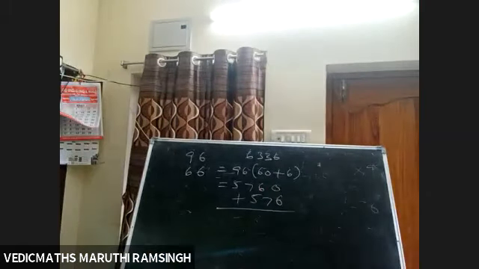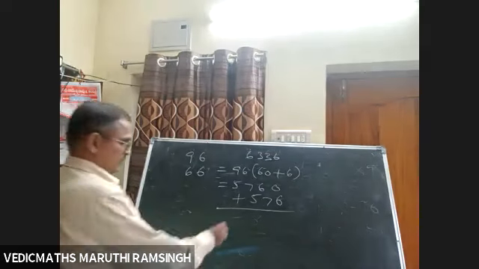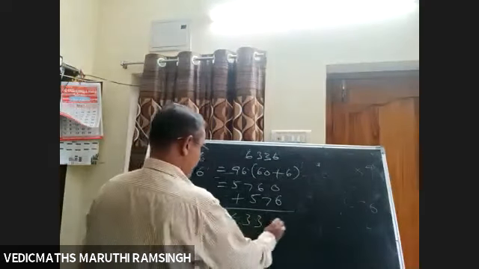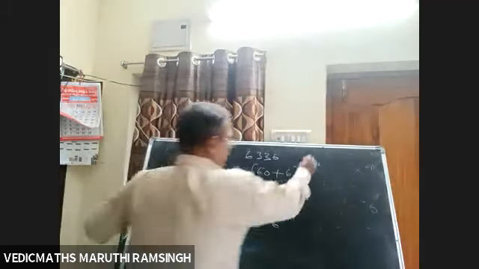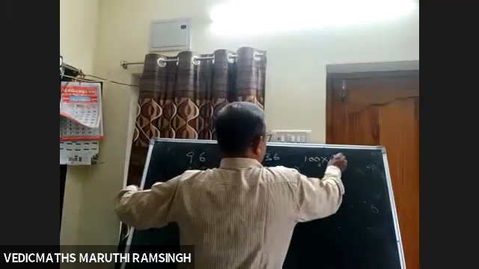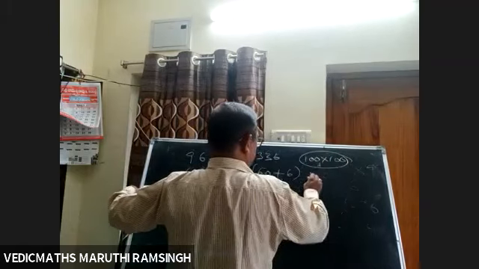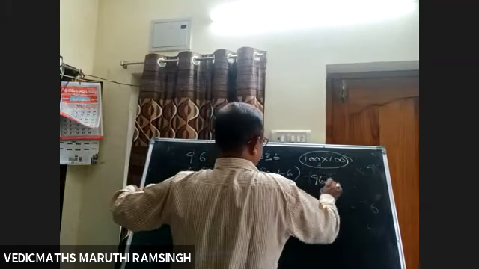Sir, can you please explain how you are multiplying 96 into 60? Is there any shortcut? I know 100 tables up to 100. So I can easily multiply 96 into 6.